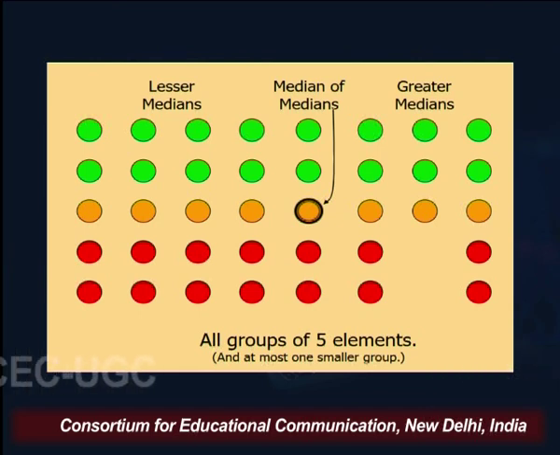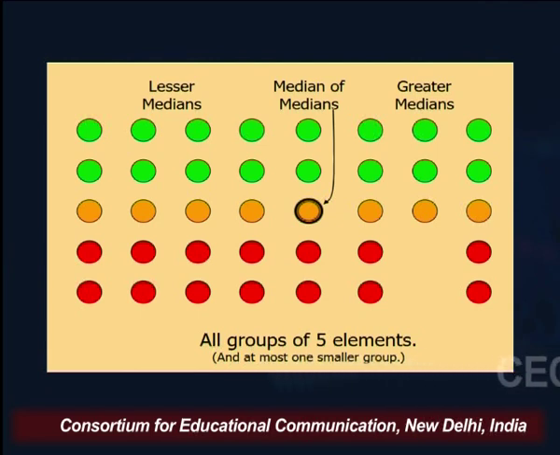You can see all these groups of 5 elements taken in columnar fashion. The first column represents one group of 5 elements; the green ones are lesser than the median, which is shown in peach color, and the last 2 elements are greater than the median. The same goes for the second column, then the third column, the fourth column, and so on.